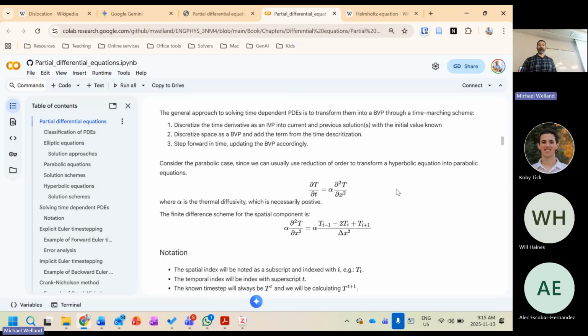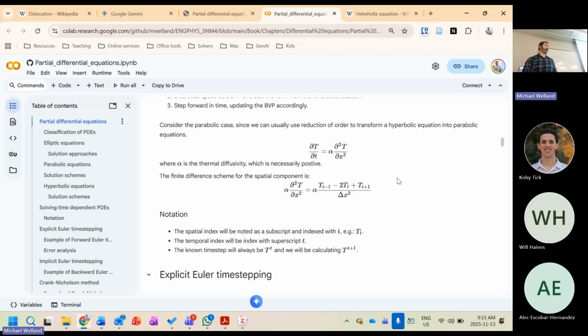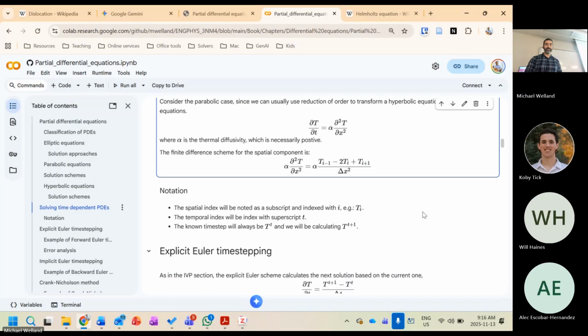We're going to look at the parabolic case because we can use reduction of order for hyperbolic equations. All we're going to do is throw this into our finite difference. Getting from here to here, if you don't know how to do this at this point, it will be on your final and on the assignment. Look back at the notes and figure out how to write this.